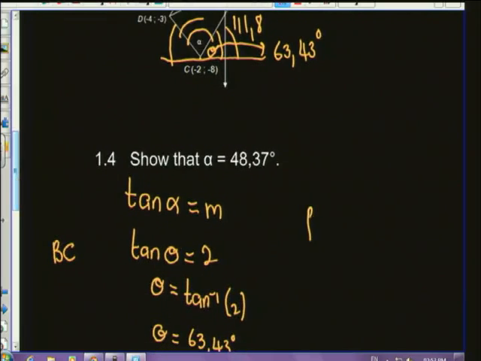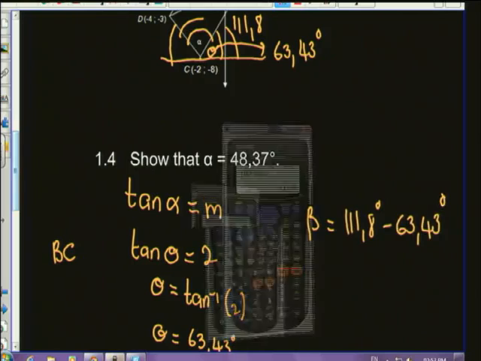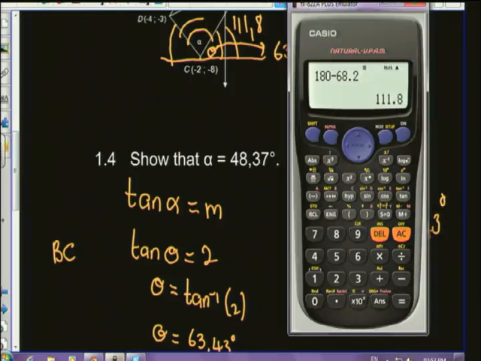So therefore 111.8 degrees, take away 63.43 degrees, and if we're still on our calculator, let's just minus 63.43. And if you get that as a decimal, it's 48.37, which is what we had to prove.